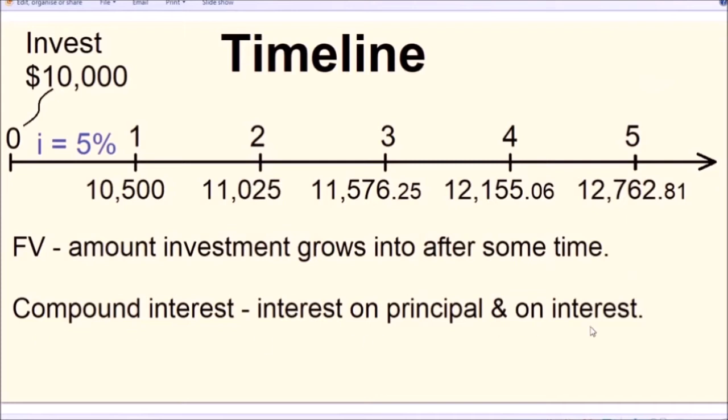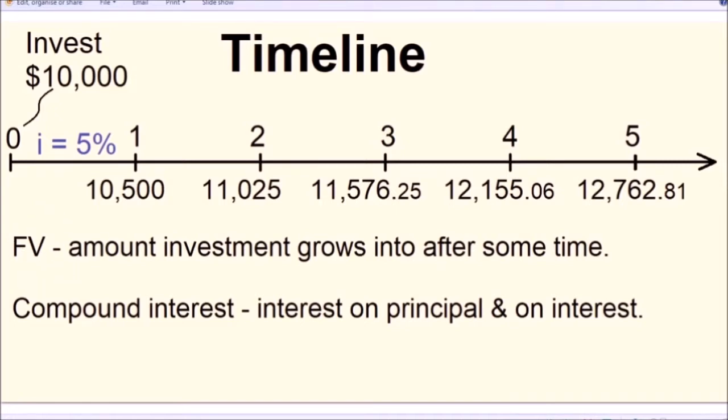That's over here at the bottom of your screen. And calculating these future amounts that your investment will likely grow into after some time is actually called compounding, and those amounts themselves are called future value. I'll denote that with FV.